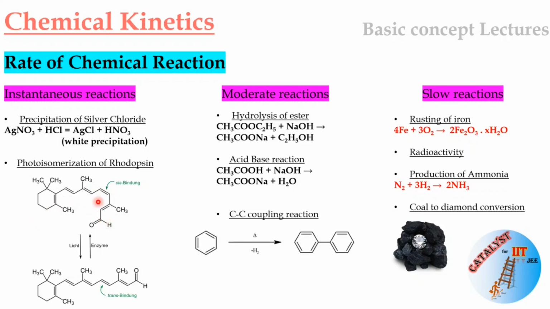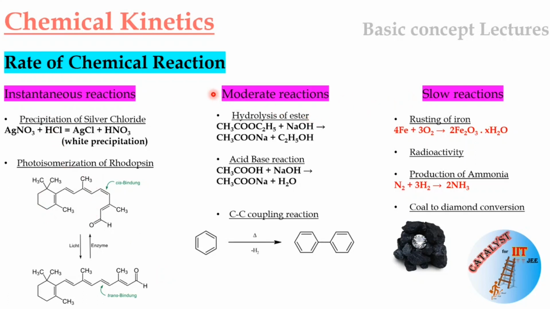When light falls on this molecule, there is a photoisomerization. You see the cis-trans isomerization. We will discuss this isomerization in detail in stereochemistry classes, and this isomerization is the main reason for our vision. So this is also a good example of instantaneous reactions.